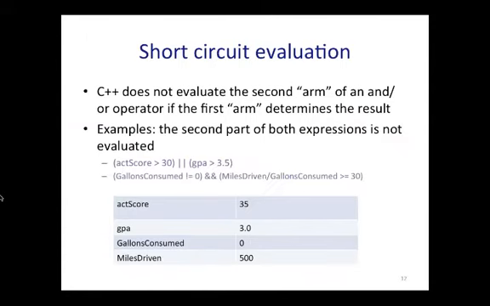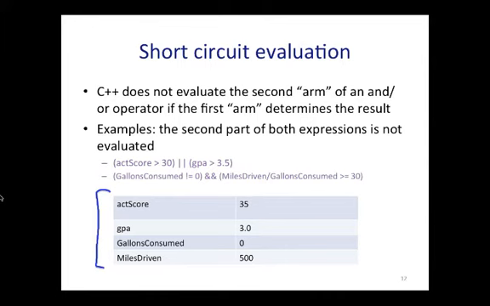Now, C++ does something called short-circuit evaluation. And that means that if the first arm, or the first sub-expression, determines the outcome, we don't even evaluate the second arm. So you'll often hear me refer to the sub-expressions as arms. So in the first case, here's some values.